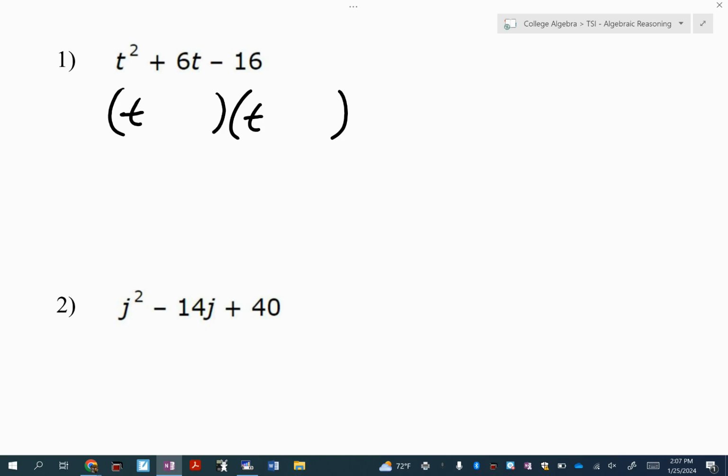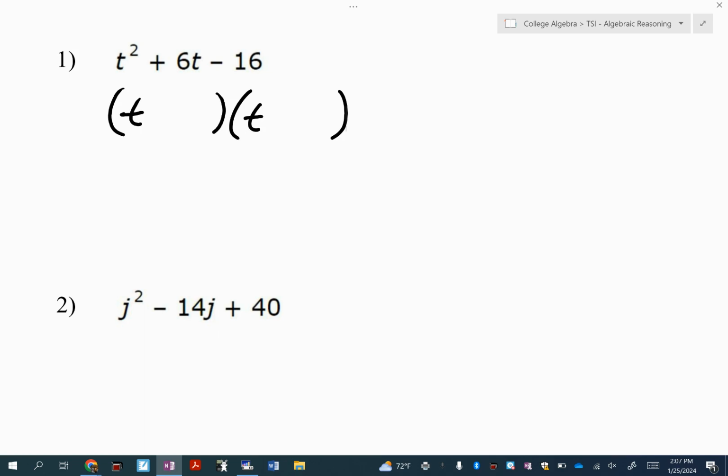Okay, let's use words or numbers instead of that. So, no, you're good though. They have to multiply to give you negative 16. So they have to multiply to give you this last term, and they have to add to give you the middle term.